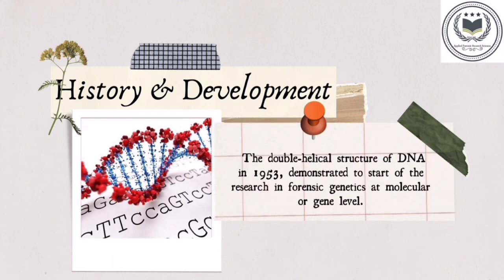A famous name regarding DNA is Watson and Crick. They gave the double helix structure of DNA in 1953, which started the research in forensic genetics at the molecular, or we can say gene, level. So this is a little bit of history about forensic genetics, how it evolved and came into existence.